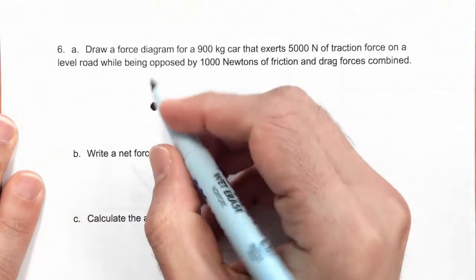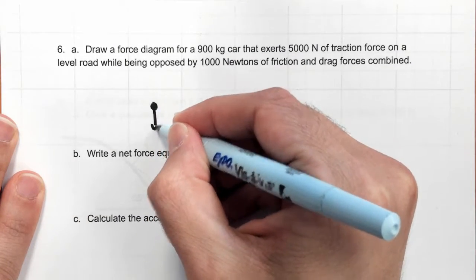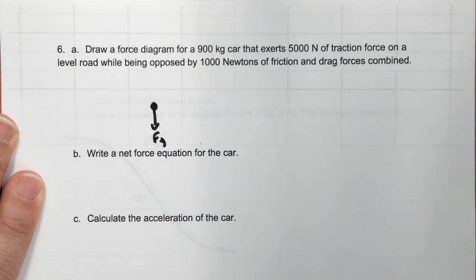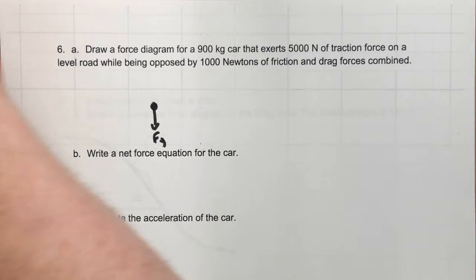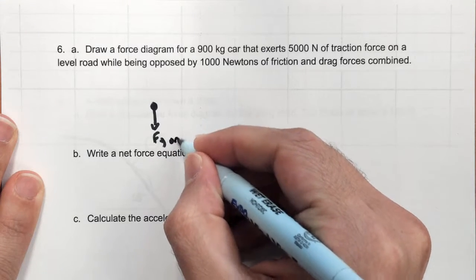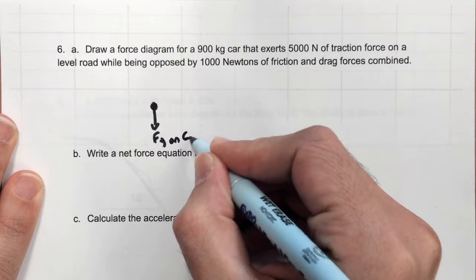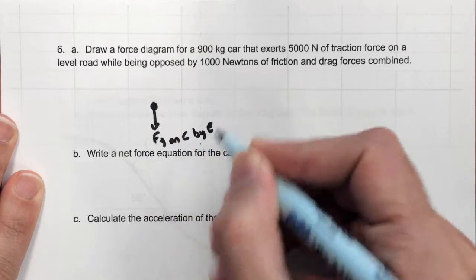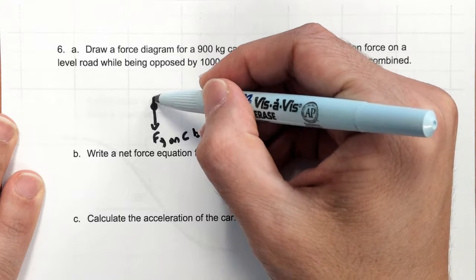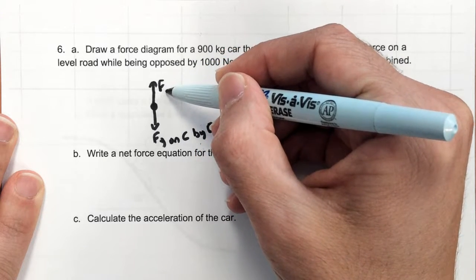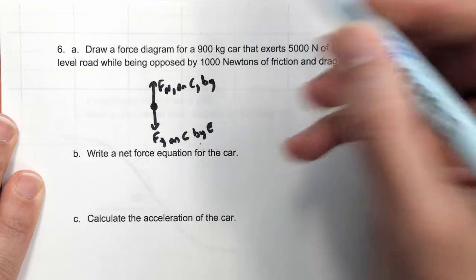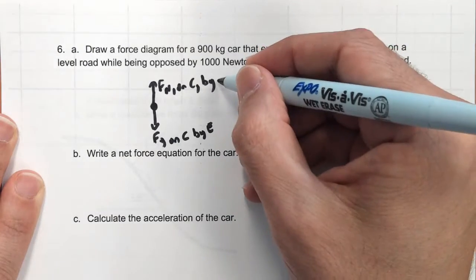Okay, and we know that there is a gravitational force on the car by Earth, and there is a normal force on the car by the road.